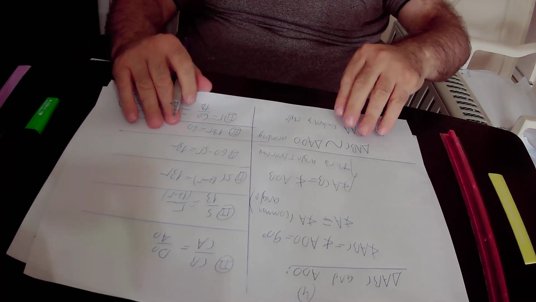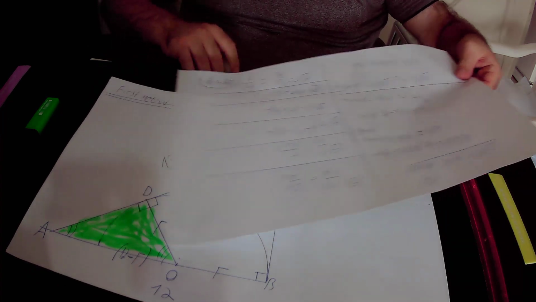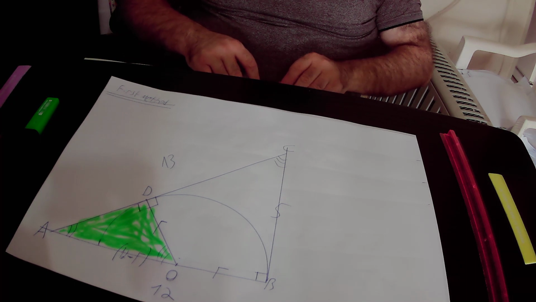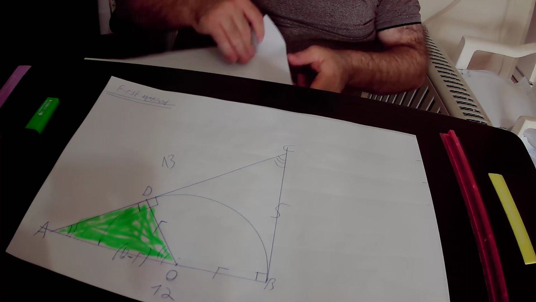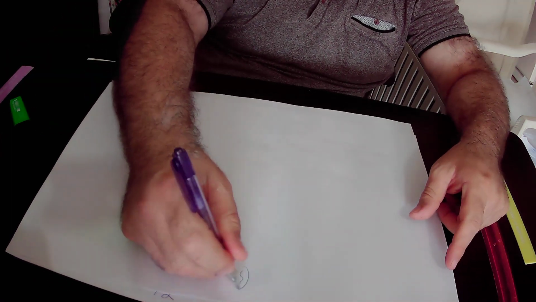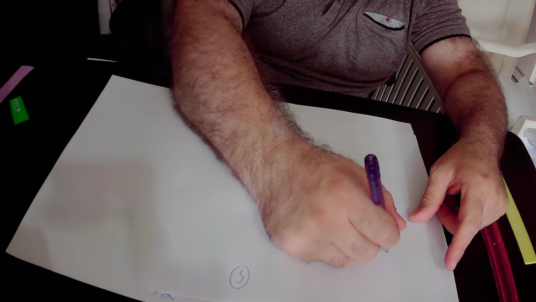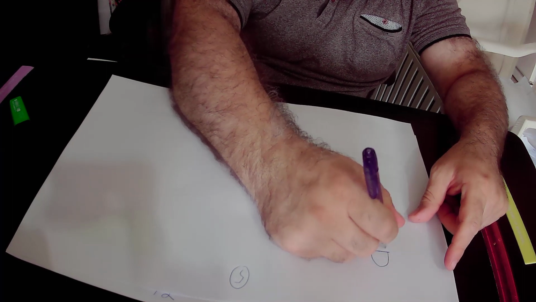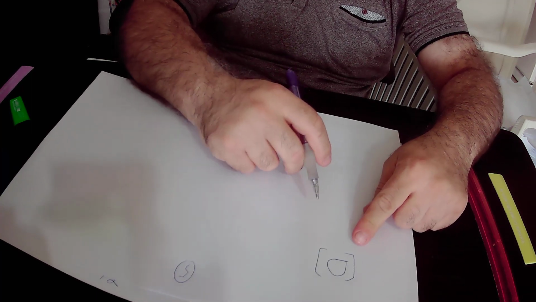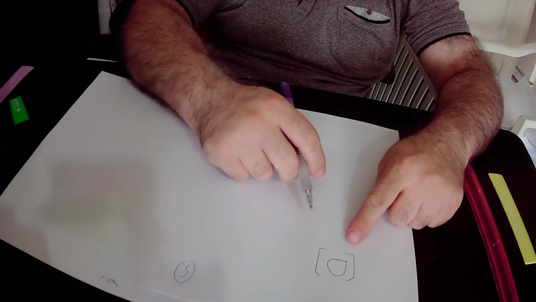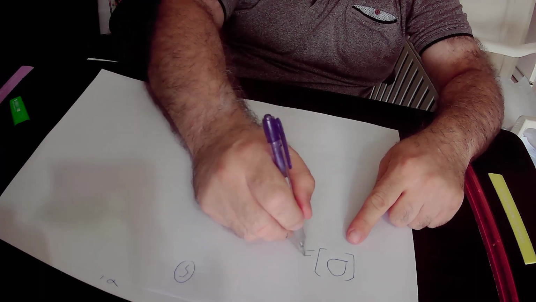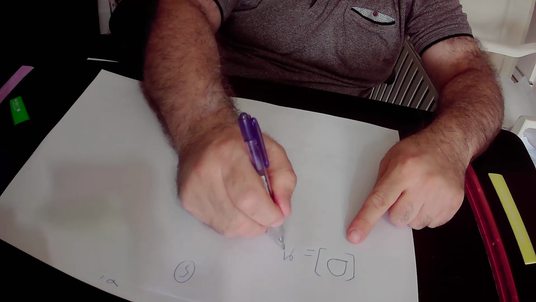and the area of the semicircle will be equal to, here the brackets are the sign for the area. This means the area of the semicircle is equal to pi r square over 2.